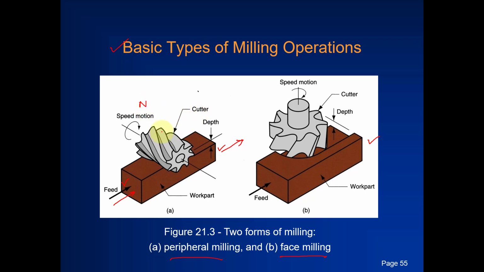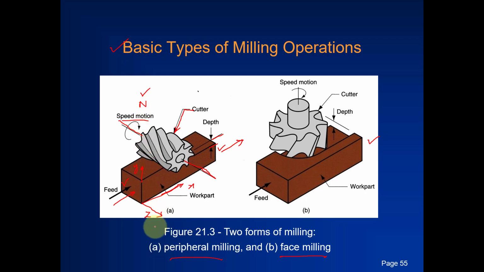This is the cutter, and this is the axis of the cutter. Let's say this is the y-axis, this is the x-axis, and this is the z-axis. The axis of the cutter is in the z direction, rotating with rotational speed n, and the feed is in the x direction. The workpiece is moving in the x direction, and the depth of cut is given over here. Clear?